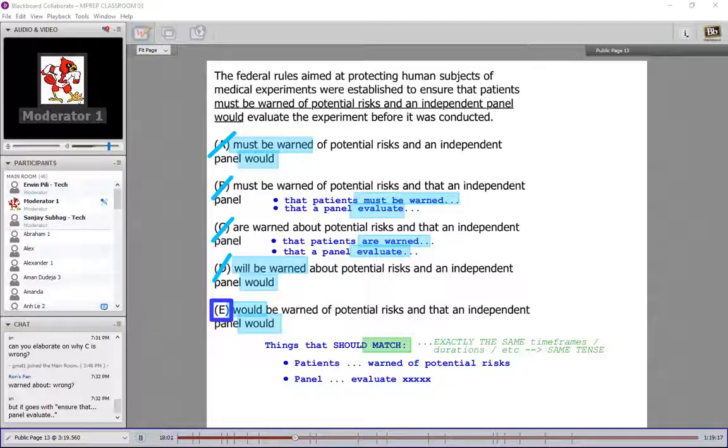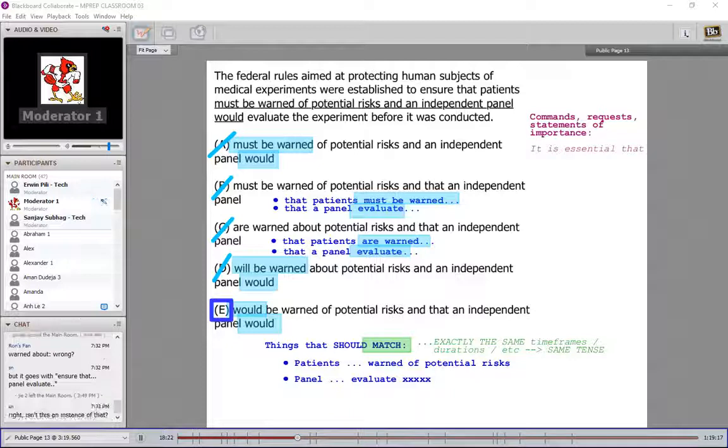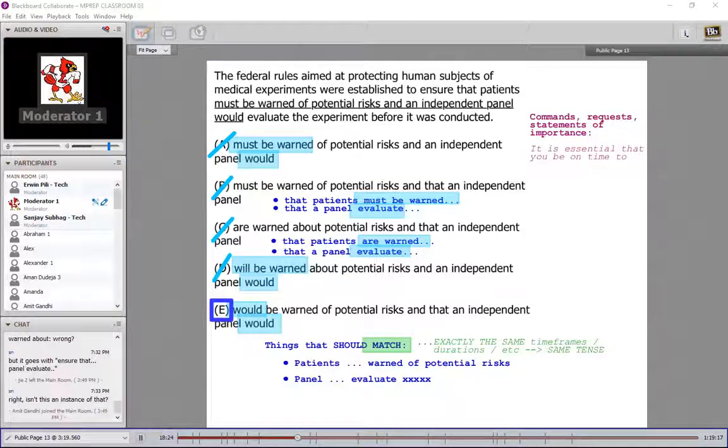It has a name and I can't remember what it is, but it's in our strategy guide. If you have things like commands or orders or requests or statements of importance, like it is essential that you be on time to work tomorrow, this is not the present tense.